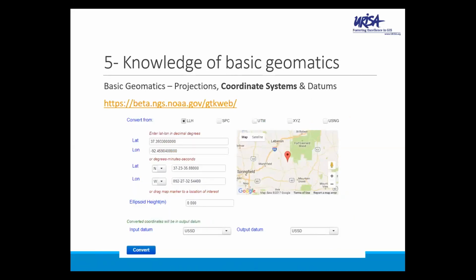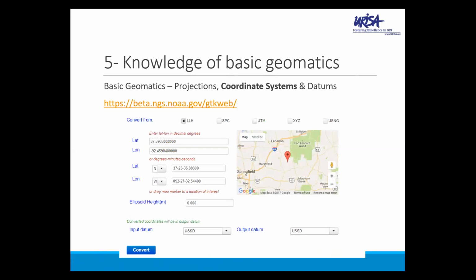One of the other things that I'd like to make everybody aware of, if you're not already, is that here in the United States, the coordinate systems, datums, and projections are all basically maintained by the National Geodetic Survey, which is a branch of NOAA. Here's a link to one of their data transforming packages.